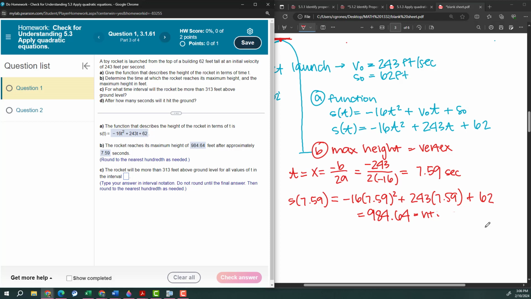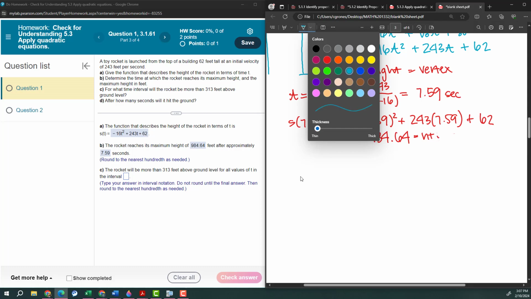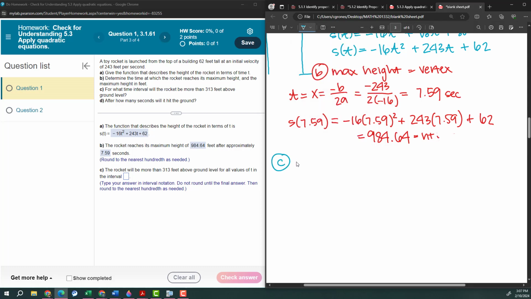So we want to see our time for when the rocket is 313 feet above ground level. Let me go back to the blue. Part C, rocket greater than 313 feet.